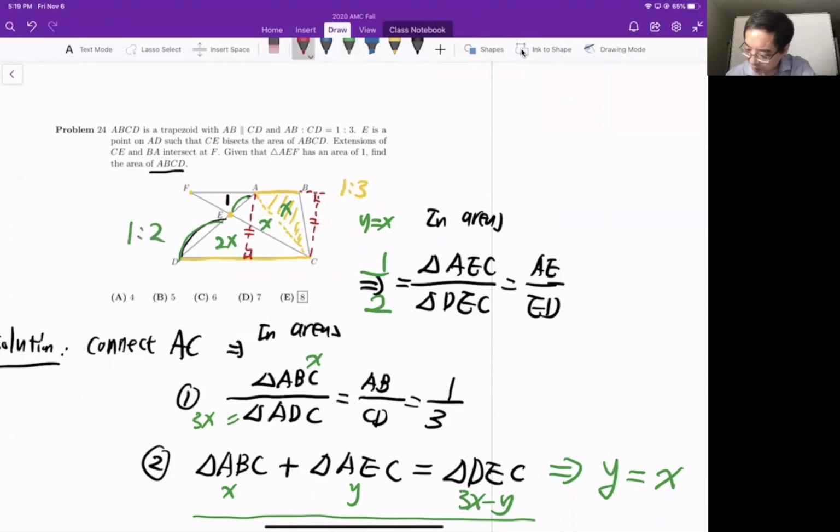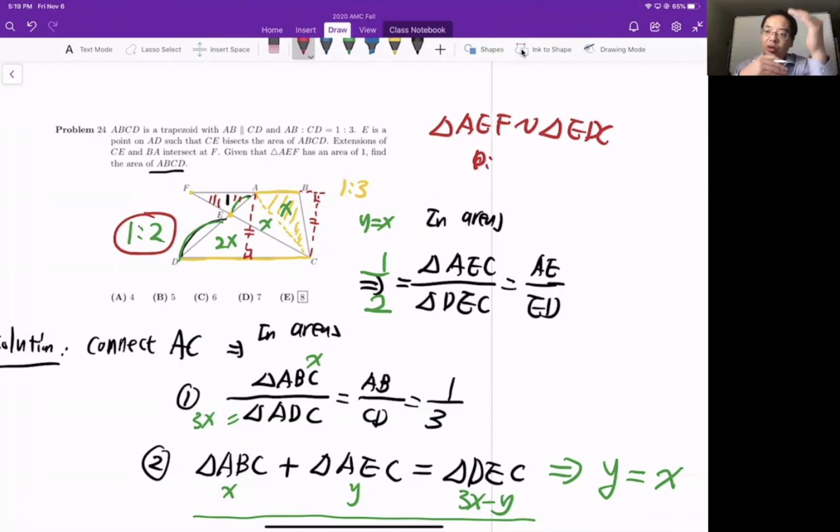And now let's use the fact that we have similar triangles. The triangle AEF is similar to the triangle EDC. The ratio of the sides is 1 to 2. And then we know the area: if the ratio between sides is 1 to 2, then the ratio between the areas, you have to take the square.